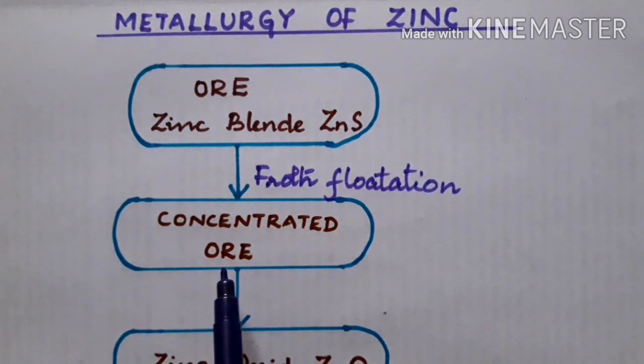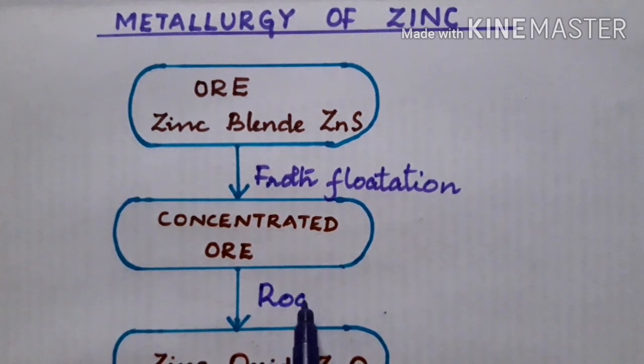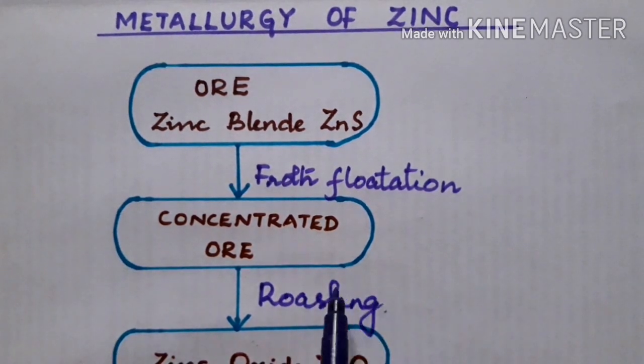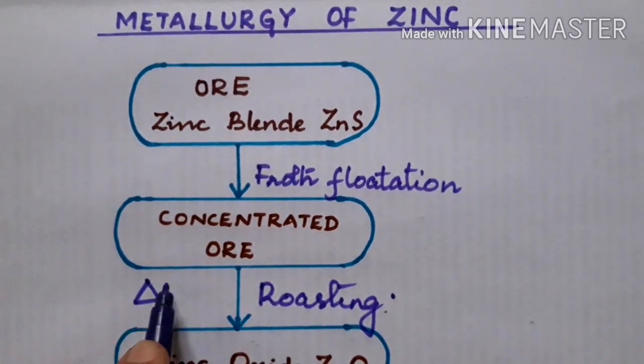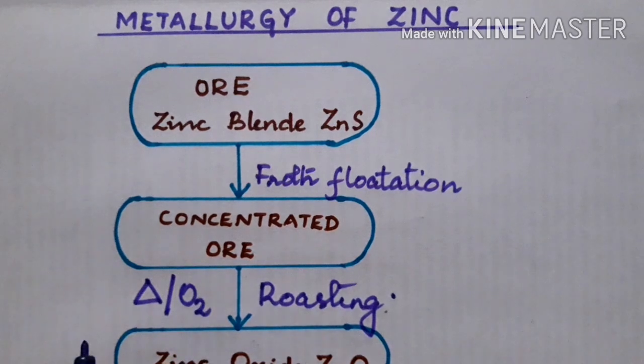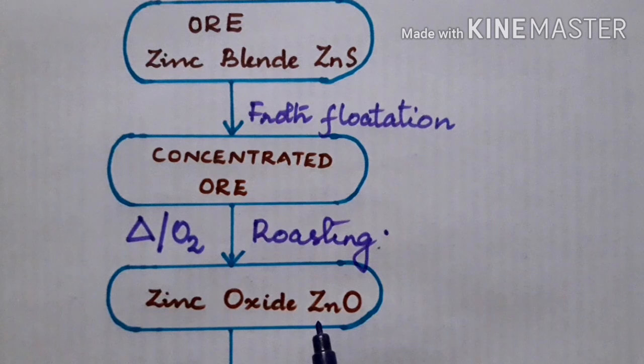After getting the concentrated ore, we do the next process, known as roasting, wherein the concentrated ore is heated in the presence of oxygen. Then it is converted to zinc oxide with the formula ZnO.